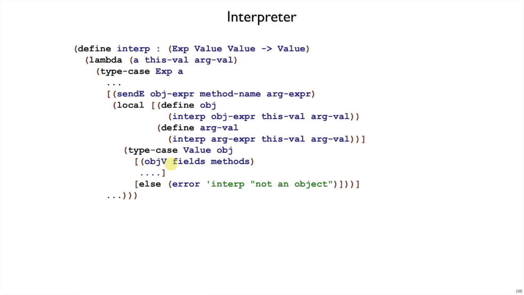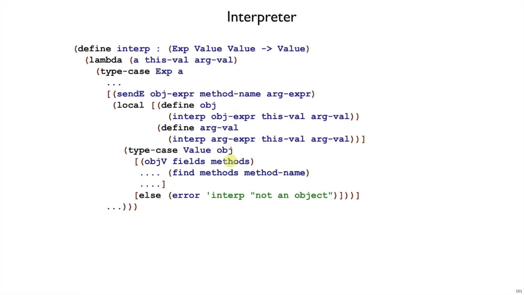If we do get an obj, then we've got fields and methods, and what we care about this time is the methods. We want to find this method name in those methods. So we do that, and what we get back is an expression that is the method's body. Right? Because a method pair is a tuple that combines the name with the body expression.